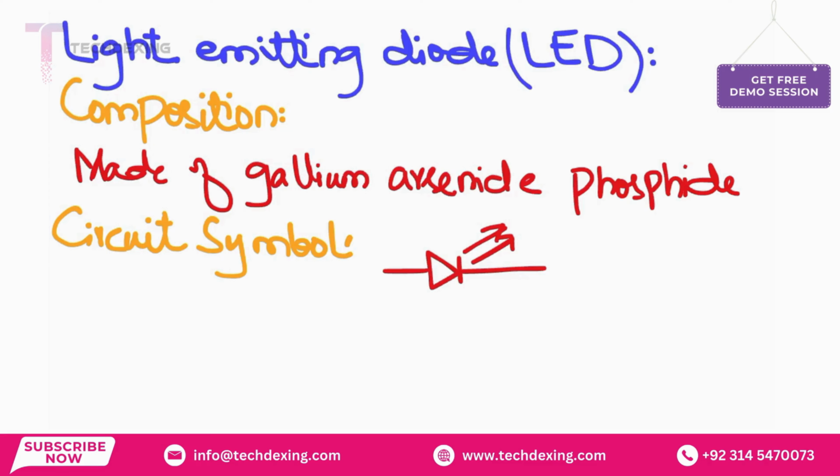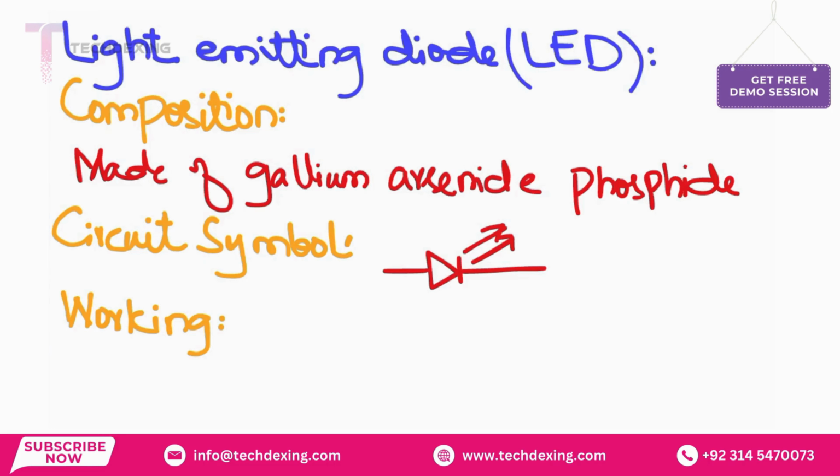Now, about the placement of the LED in the circuit, the next point is the working. When you place your LED in the forward biased manner in your circuit, I would draw the circuit diagram on the next page.